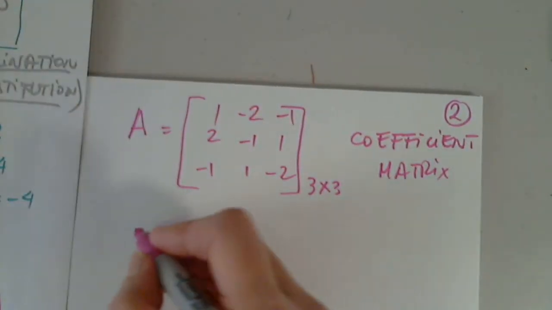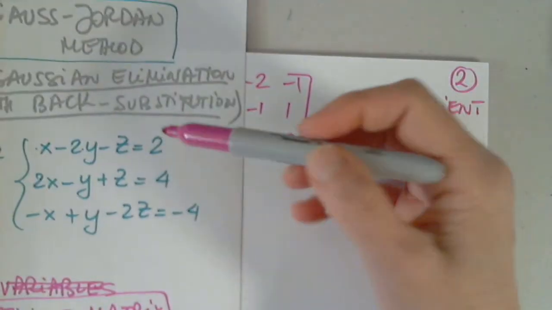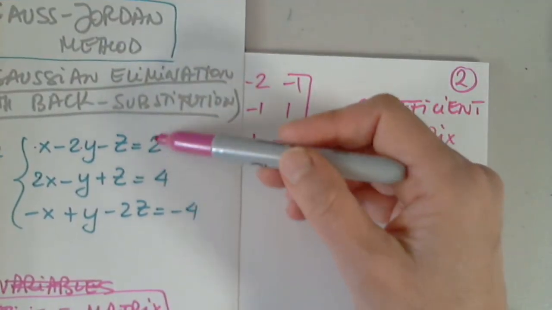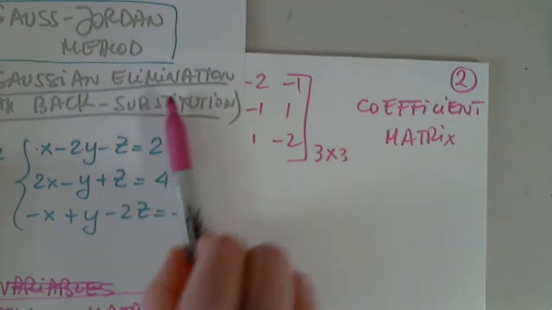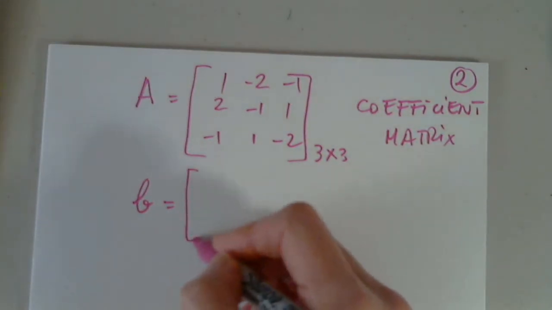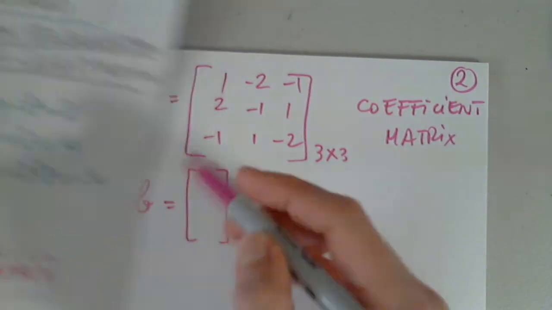Okay. There is also a lowercase matrix that is made up of these free terms that are on the other side of the equal symbol. And this is a 3 by 1. And they are 2, 4, negative 4.